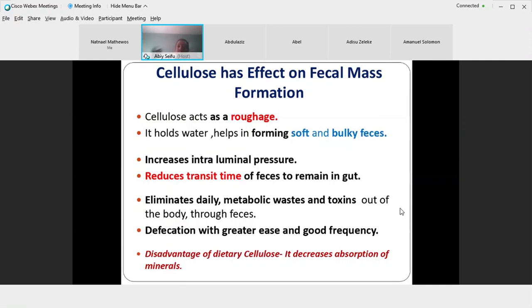But if someone eats enough fiber, these fibers reduce the transit time of feces in the gut and eliminate daily metabolic wastes or toxins out of the body through the feces. But if someone takes an excess amount of cellulose, it may decrease the absorption of some minerals.